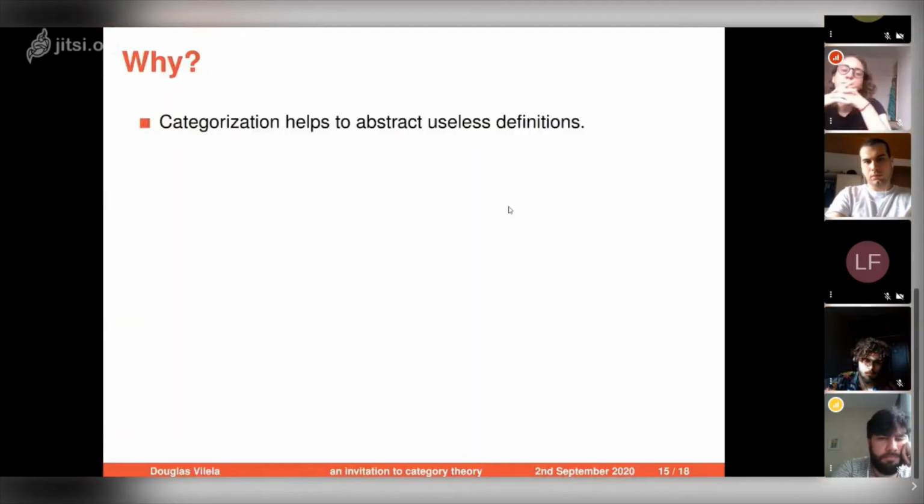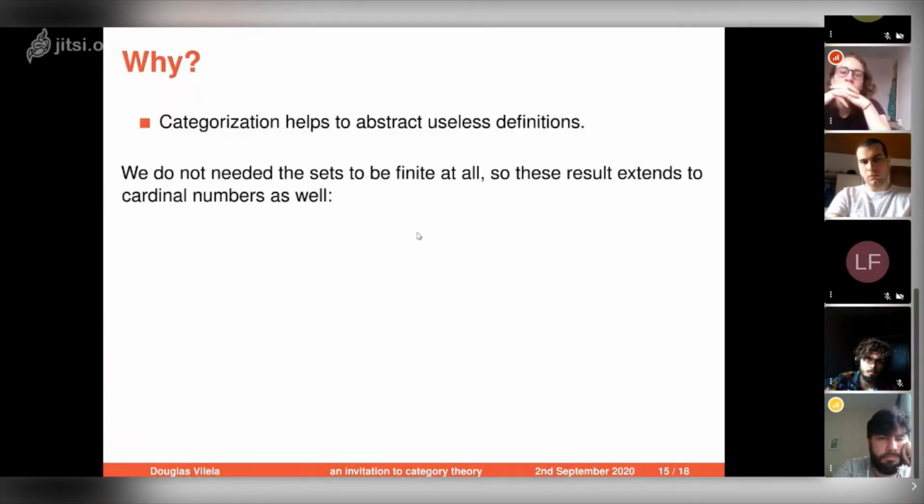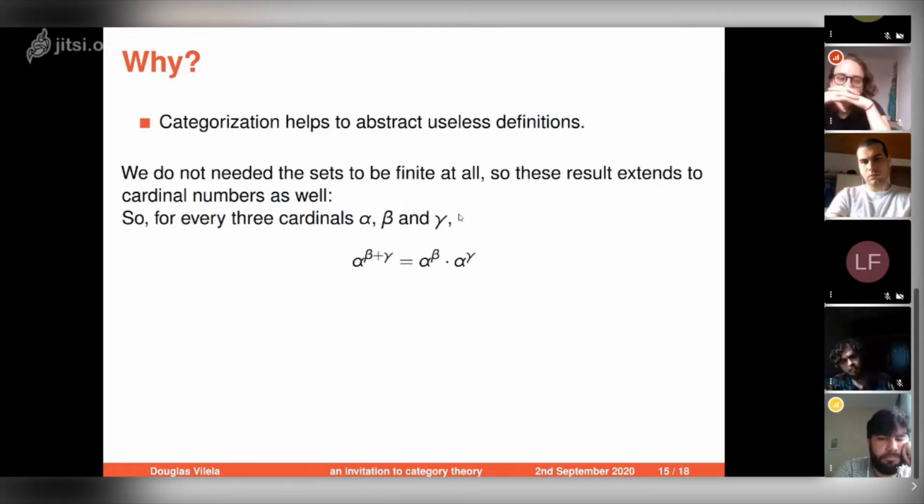Using this reasoning, we can show that for every three cardinal numbers alpha, beta, and gamma, this lookalike expression is really the same thing. It's really not the same thing, but it's just the same principle.